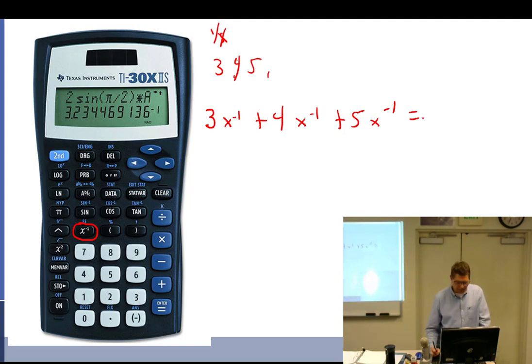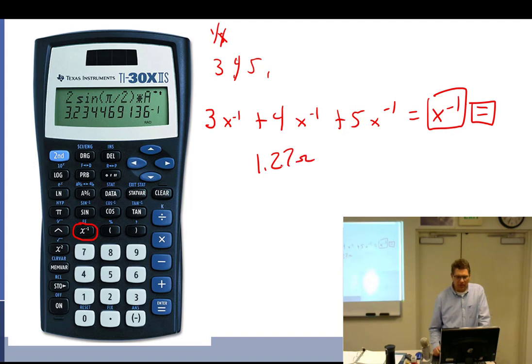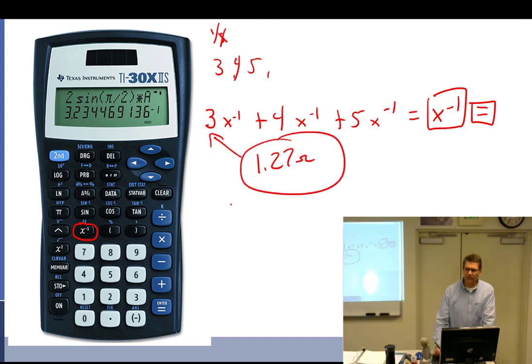Now you're going to get an answer. Then I'm going to hit x minus 1, and it's going to say answer minus 1. I just hit equal, and the answer is 1.27 ohms. Is 1.27 less than 3? Yes. So I probably did it right then.